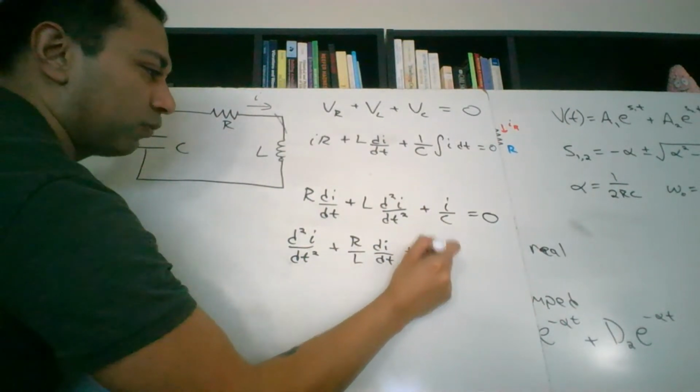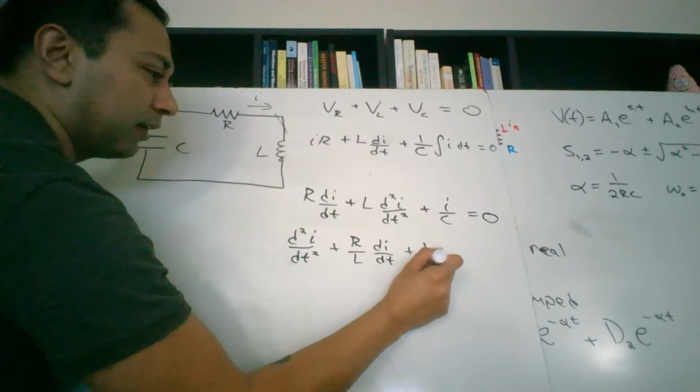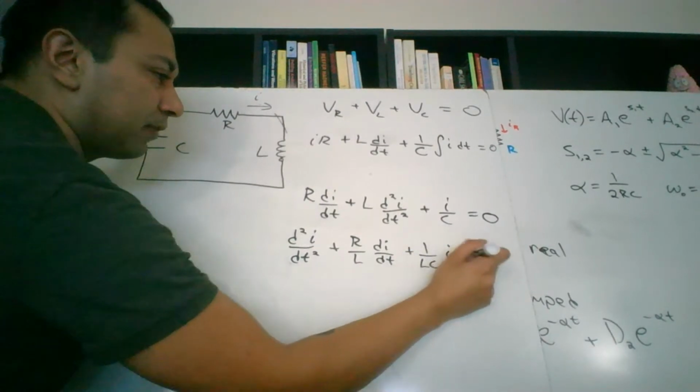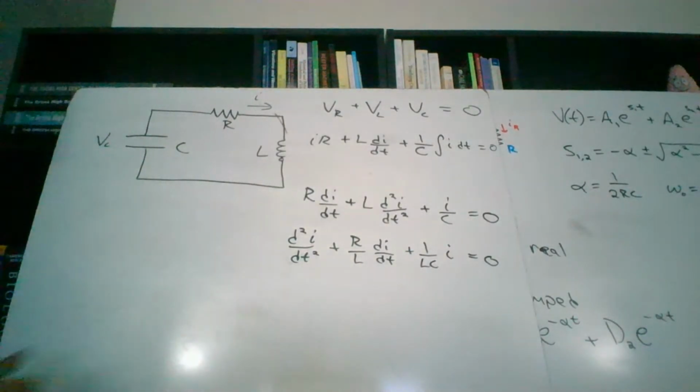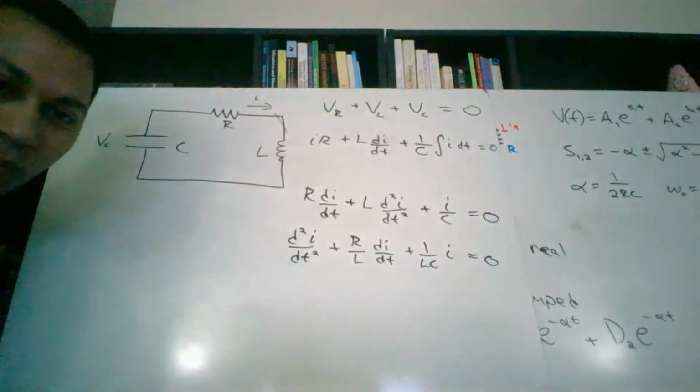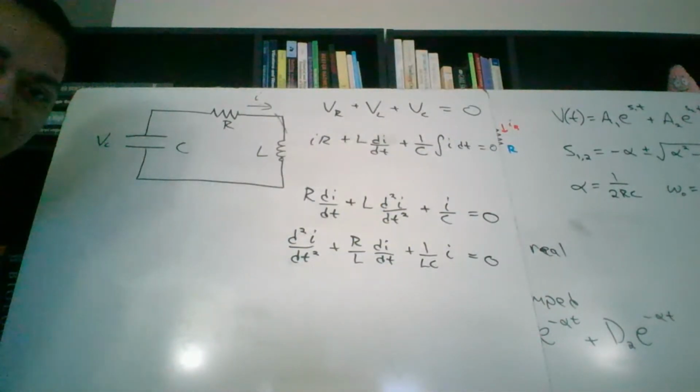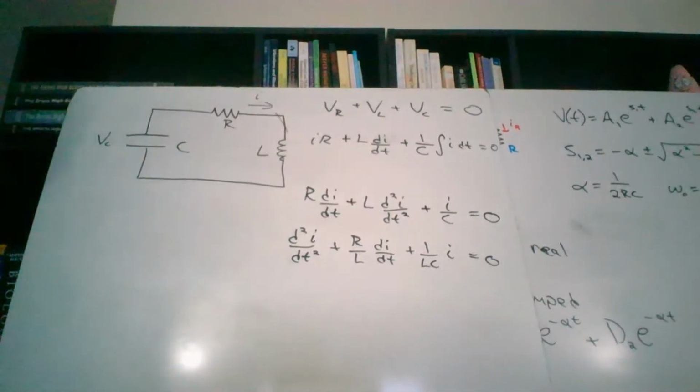And we're going to write that as 1 over L times C I. And all of that equals 0. And once again, we have our second order differential equation.